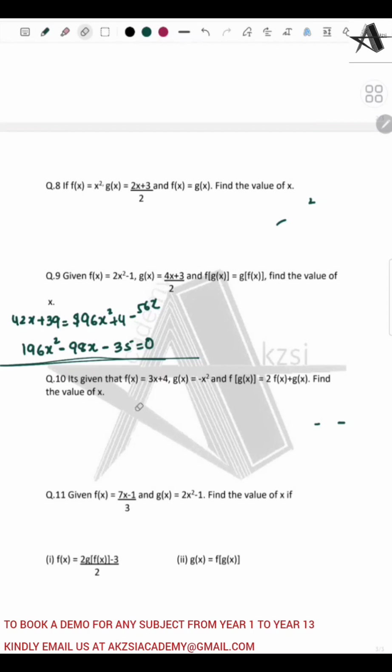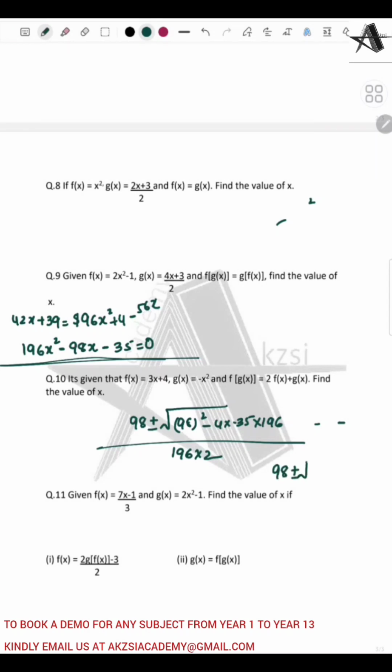So minus b, that means 98, plus minus root of 98 whole squared minus 4 into minus 35 into 196, over 2a, that is 196 into 2. So it will give you 98 plus minus 192.6, or let me take 192, over 196 into 2.